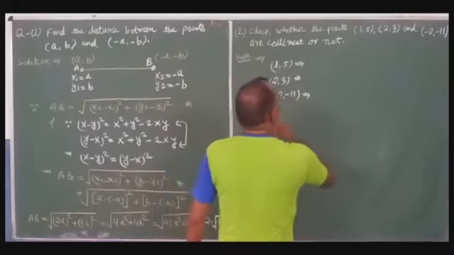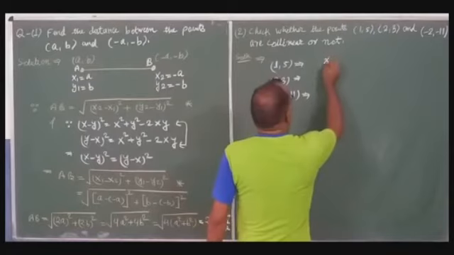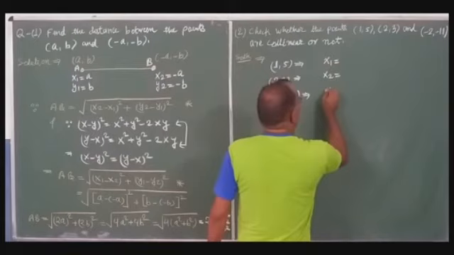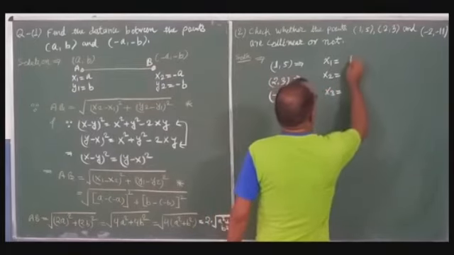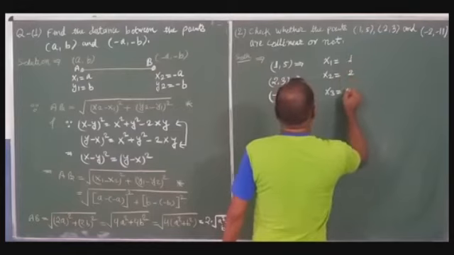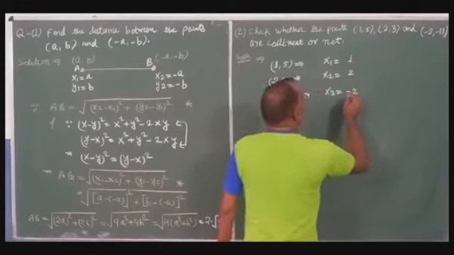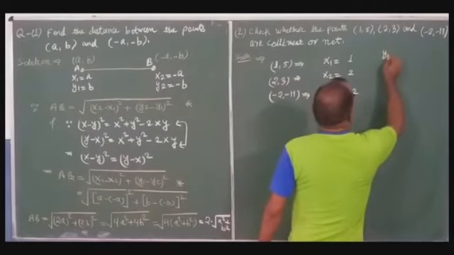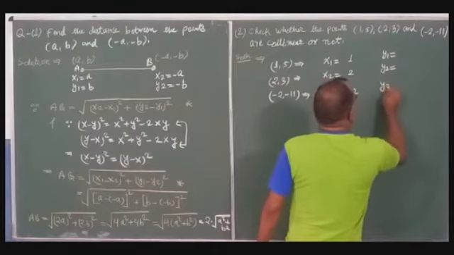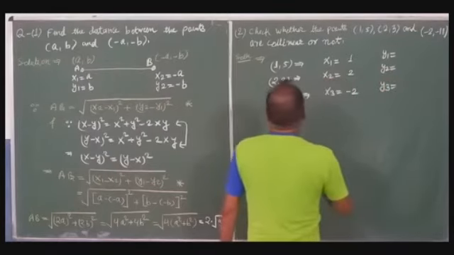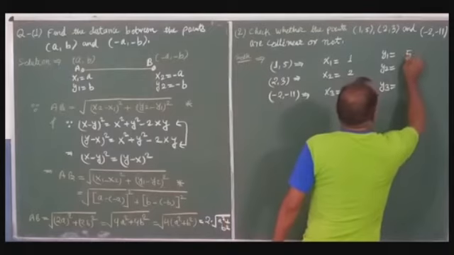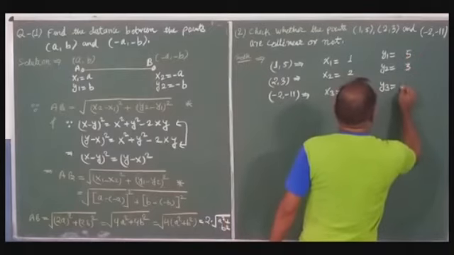So x1 is 1, x2 is 2, x3 is minus 2, and y1 is 5, y2 is 3, y3 is minus 11.